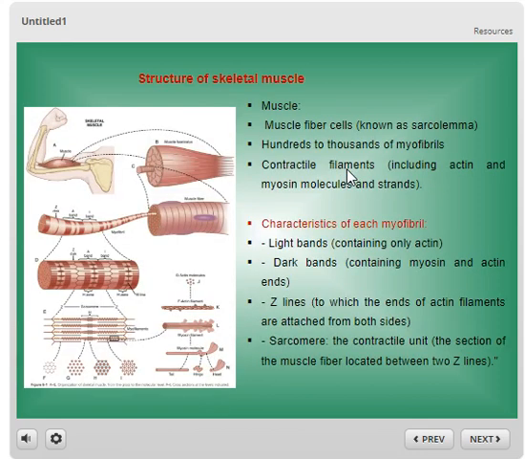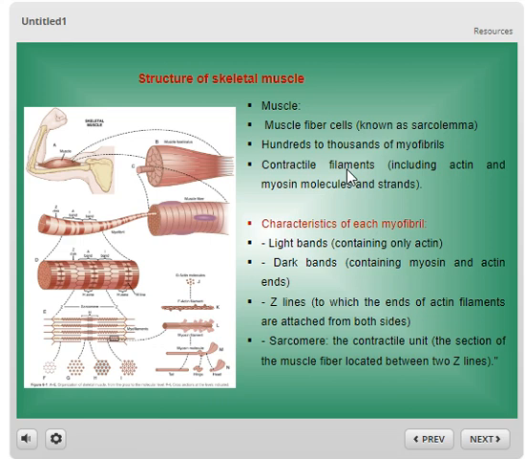Okay, skeletal muscle is composed of specialized cells and structures that enable contraction and movement. The muscle fiber cells, also known as sarcolemma, are the individual muscle cells that make up skeletal muscle.